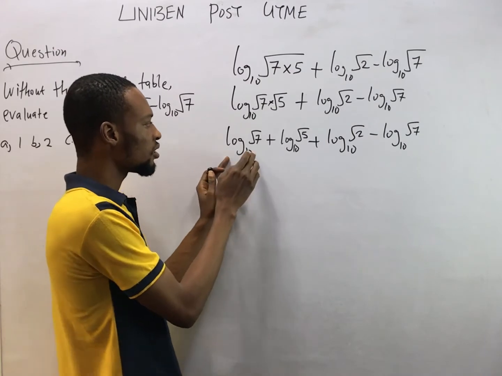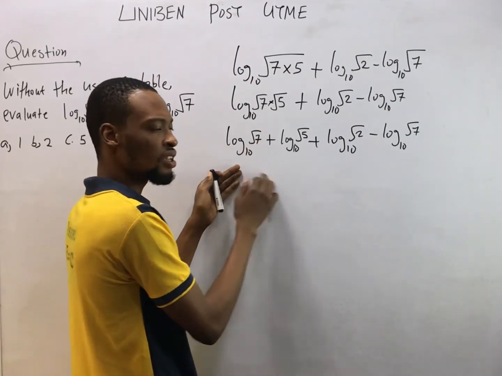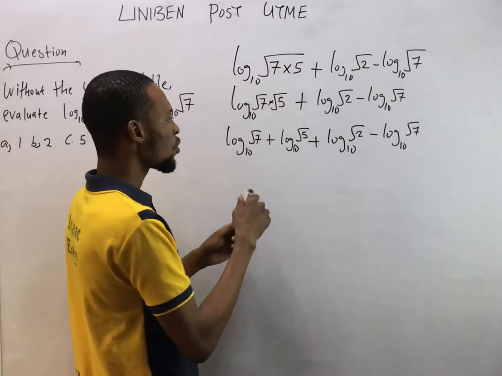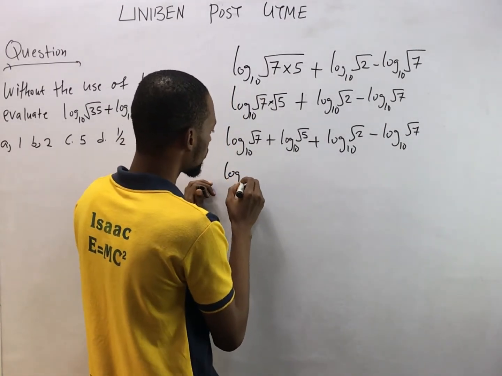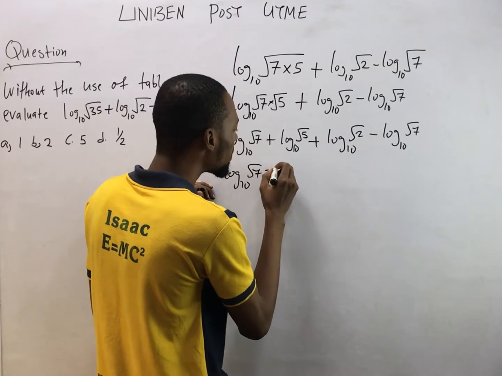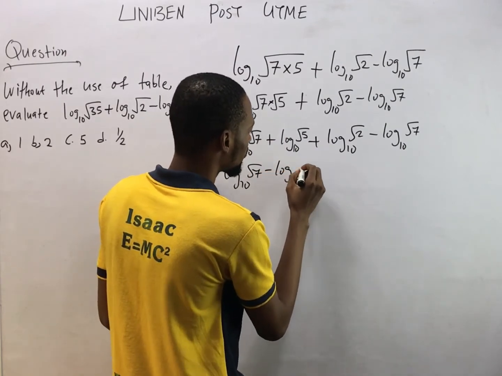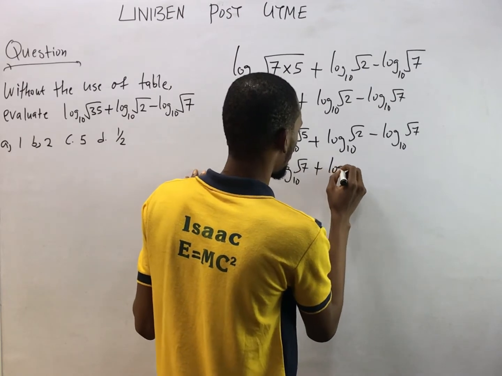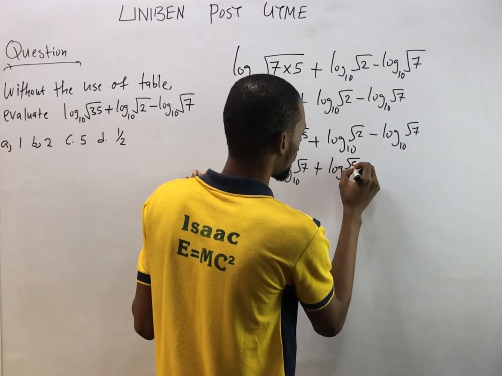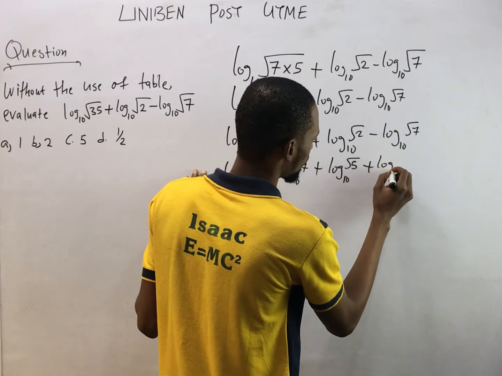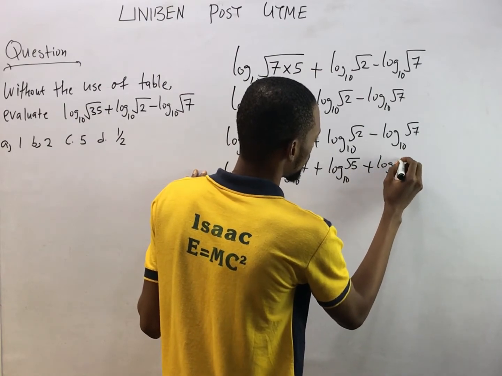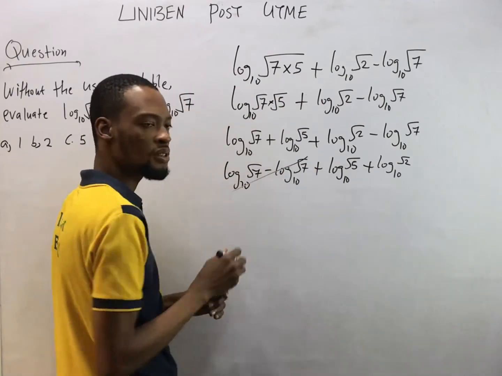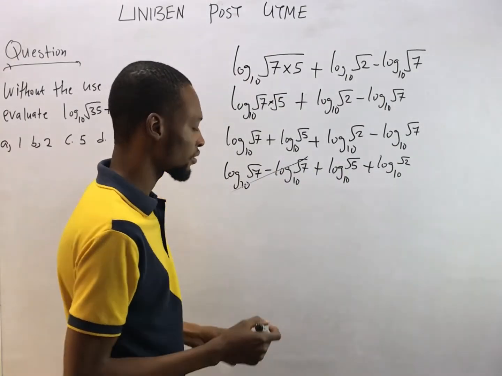We have log root 7 with base 10 minus log root 7 with base 10. So this minus this would cancel. So you are left with that.